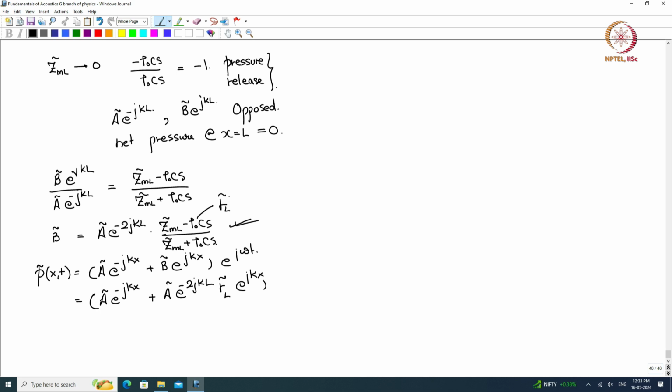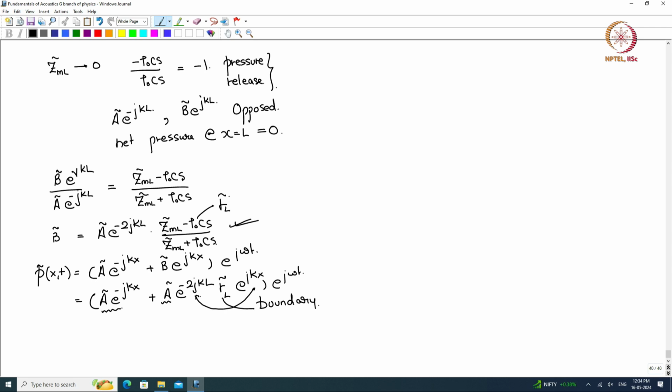So, we had seen the interpretation of this expression. This is the travel back and forth to a point x from the left, and this is what is incident, and this is the effect of the boundary, and it interferes with the forward travelling wave. Okay, we had seen this before.